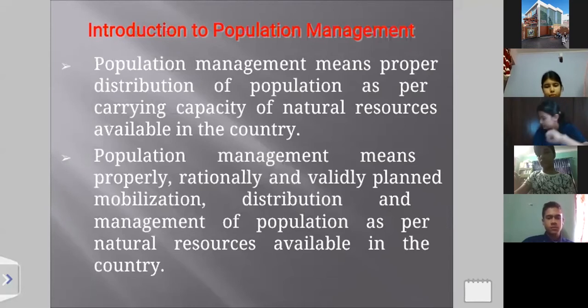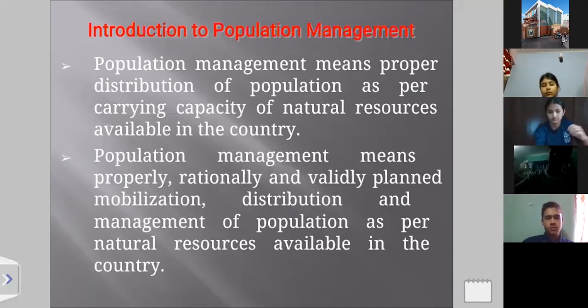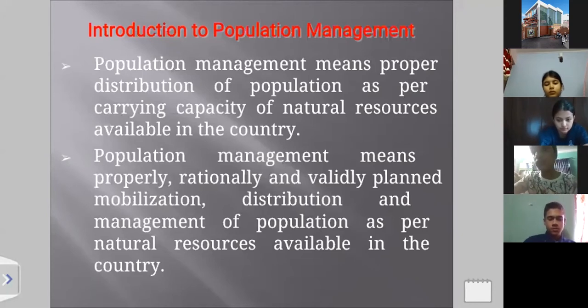Population management means proper distribution of population as per carrying capacity of natural resources available in the country. That means population management means proper distribution of population according to the capacity of resources which is available in a certain country.